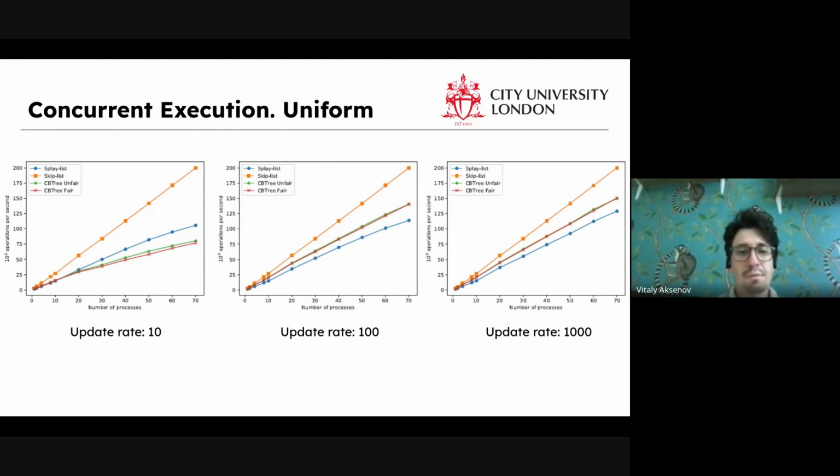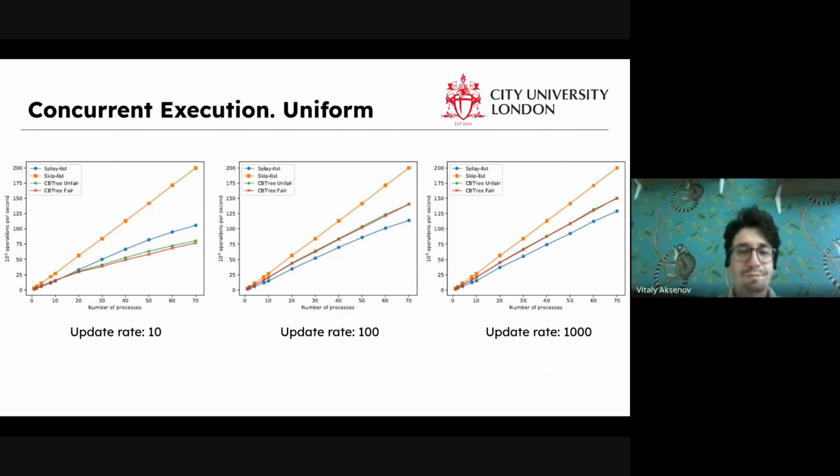Mostly we want to look at the update rate 100. On the left and on the right, you can see different update rates. Update 100 means that only 100 of operations are doing the rebalancing phase.